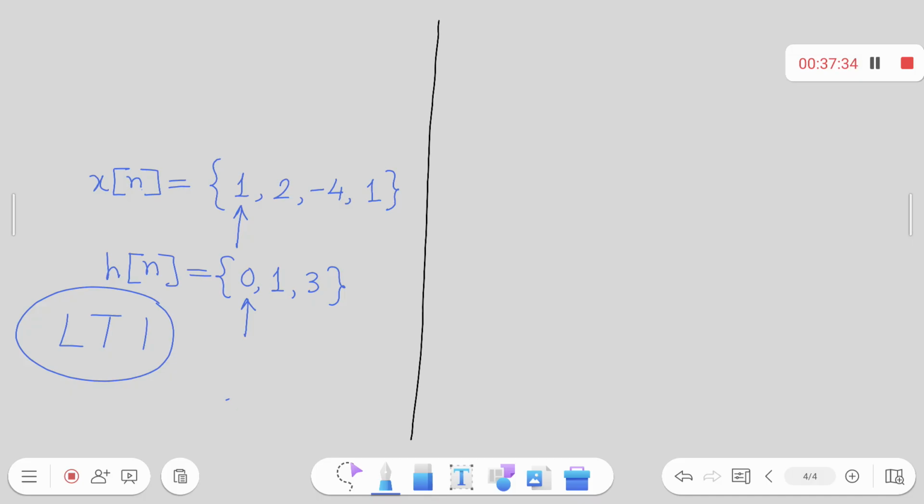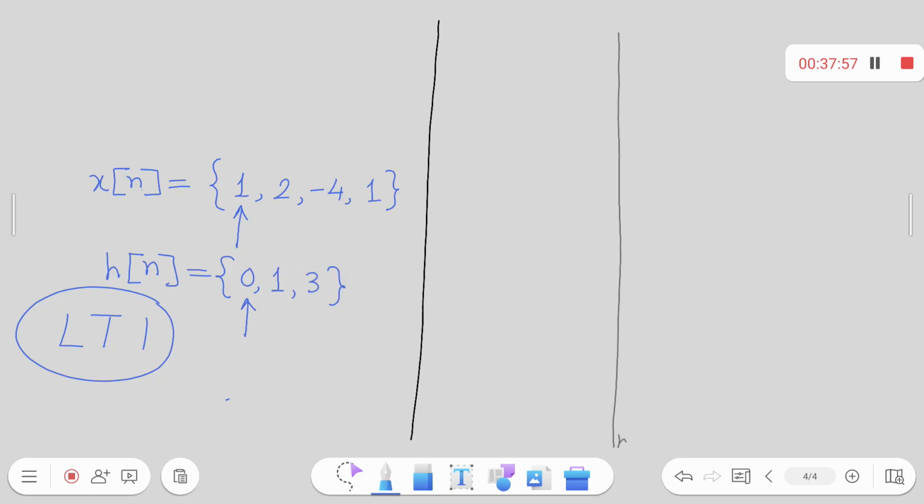So let's start with x of n. So let's draw x of n first. So this is your time axis. That means it signifies t is equal to, or n is equal to, 0 here.